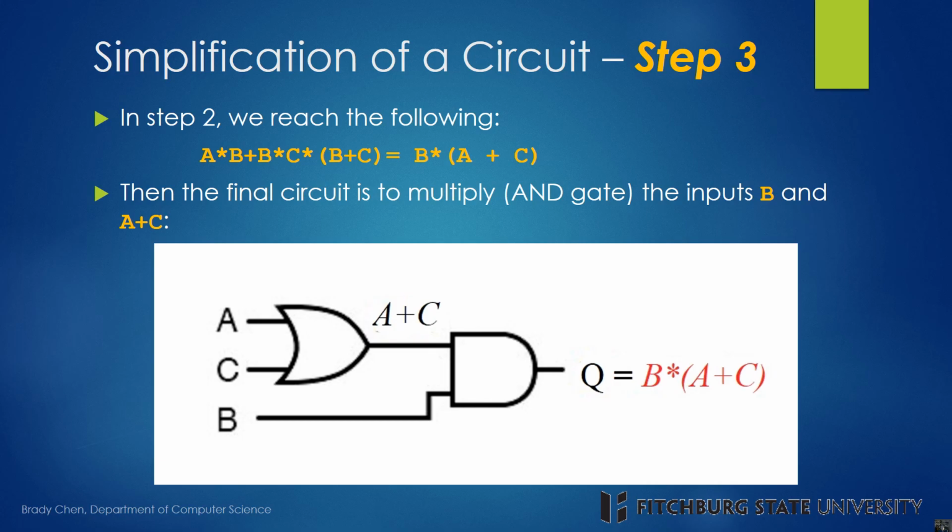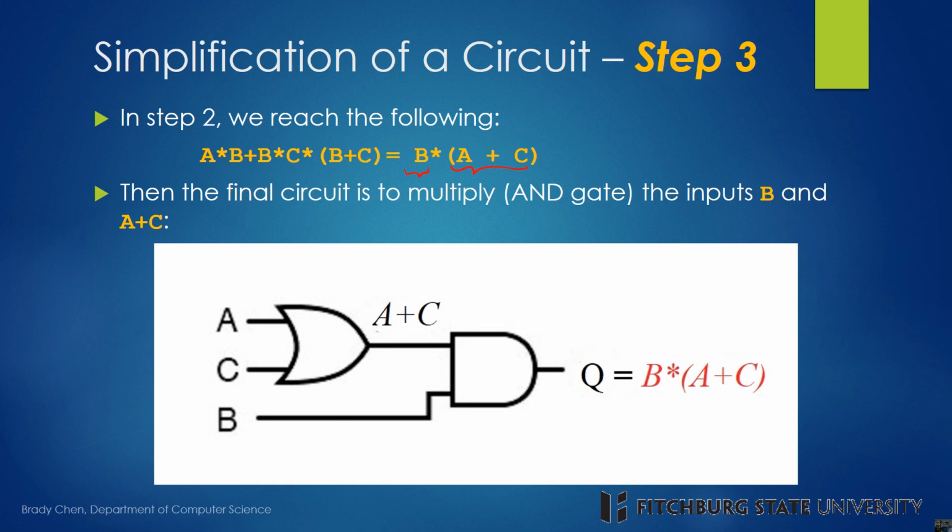Now continue with step 3. Next, we're going to build an AND gate, and this AND gate has two inputs. One is A plus C, and the other one is B. So we can combine the circuit diagram we just drew in the previous slide into this new diagram.